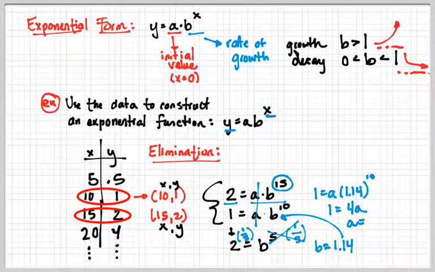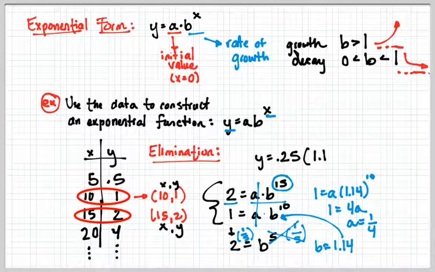So a equals 1/4. So your final equation with your initial value would be y equals, we can write it as a decimal, 0.25 times 1.14 to the x. So you can look at this and tell that the stretch factor is 0.25, and then that it's growth because the b value is greater than 1.